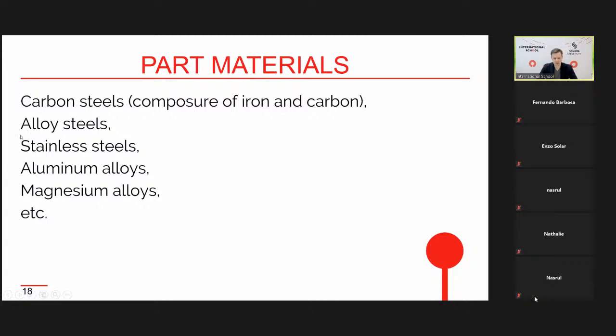The next group is stainless steels, and steels of this group have higher corrosion resistance, so they can be used in some aggressive liquids or in an aggressive environment. The next group is aluminum alloys.